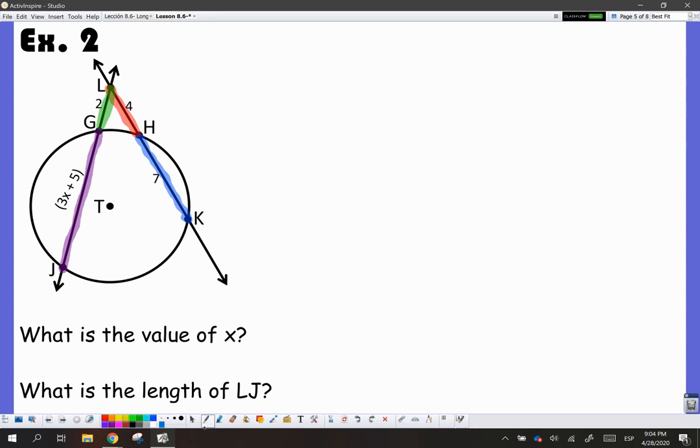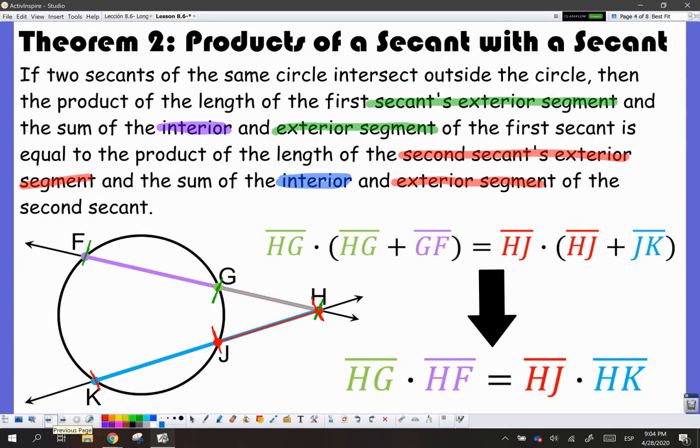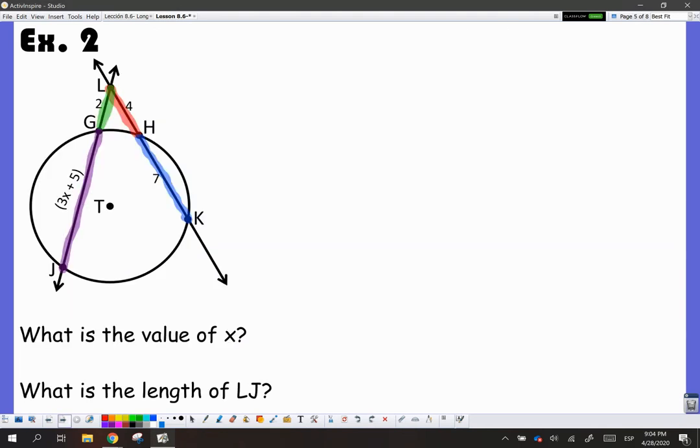So now I'm going to go back and look at my formula to see how I'm supposed to set this up. So HG represents the exterior segment of one secant. So I'm going to start with one exterior segment of one secant, and let's use LH. So that's the red one right here.